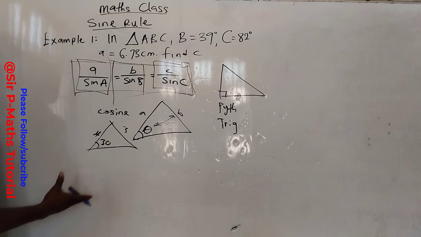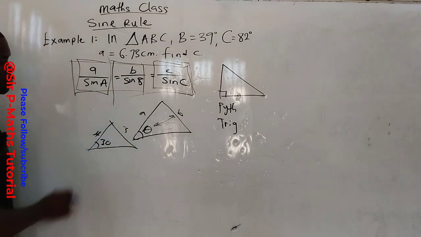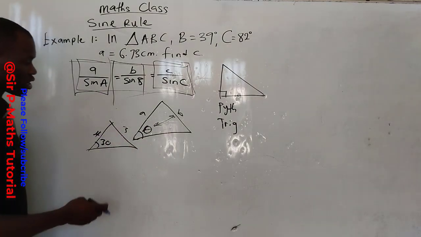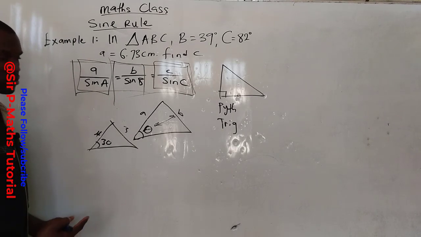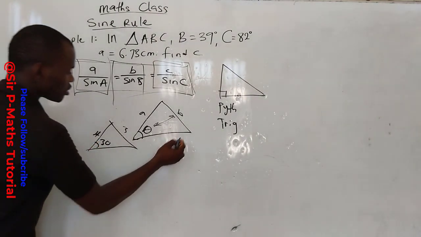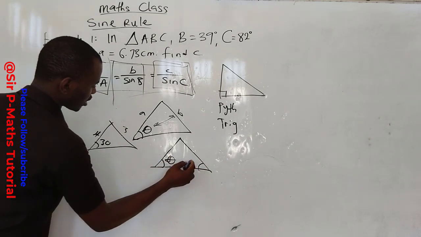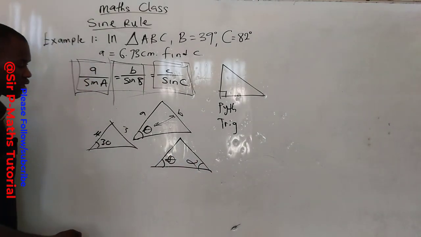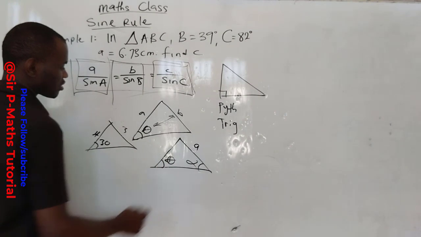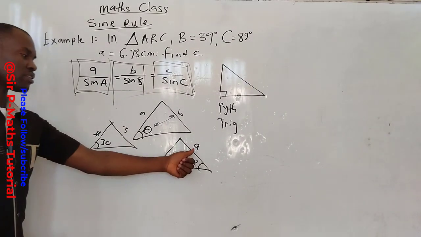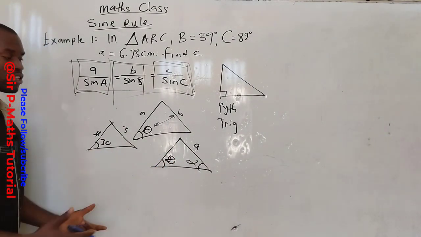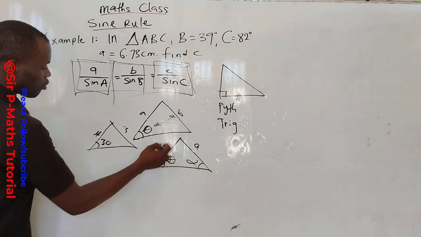Another condition for which we use sine rule to simplify a triangle is when you are given two angles and one side. If I have a triangle, I have my angle here theta and I have my angle here alpha, then one side is given, but that side given is facing any of the angles. It is either here or here.